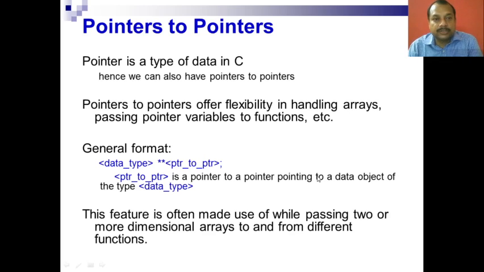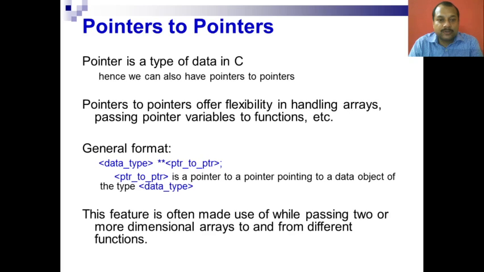Next, just to start with, but in detail it will be discussed later, is pointers to pointer. A pointer is a type of data in C, so the address of that pointer can be stored, and if I wish to store the address of that pointer, then the simple thing is to add one more star in front of that.